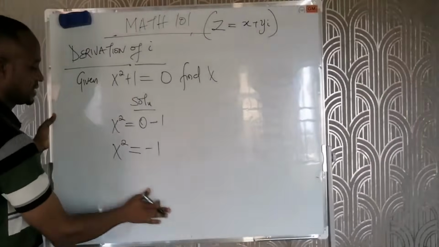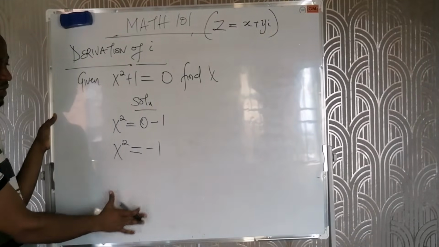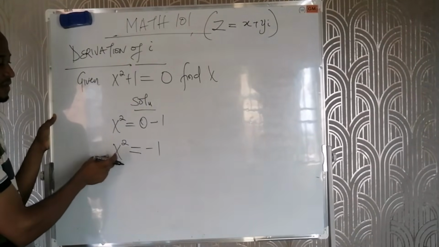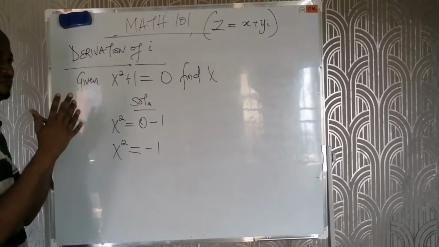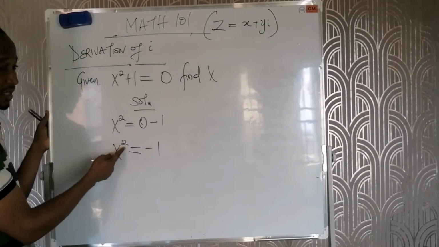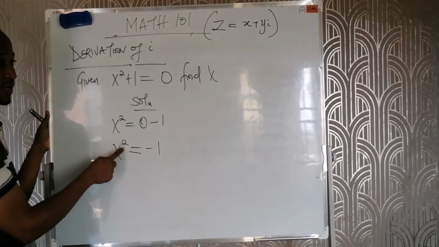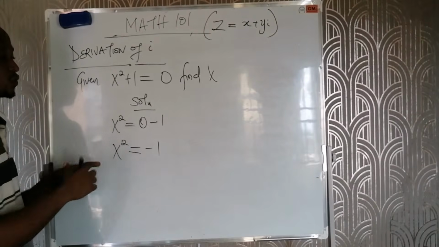In mathematics, if we have a function like this and we have to find the value of x, and x is being squared, the only way to solve for this is to look for a means to eliminate this square. I cannot find x if I have a square here. So what we do is to square root both sides.